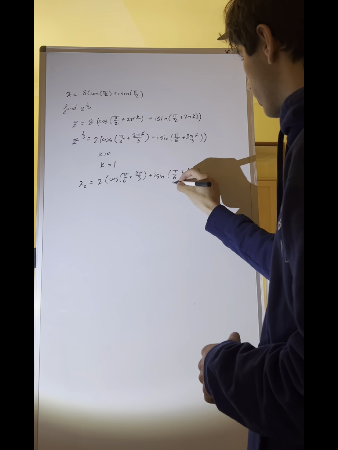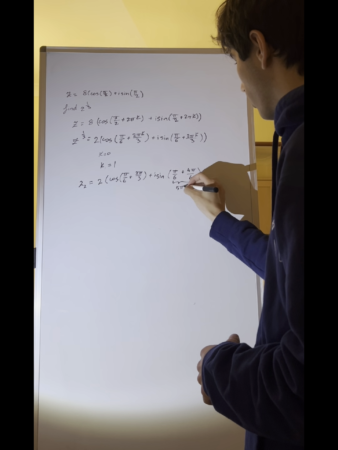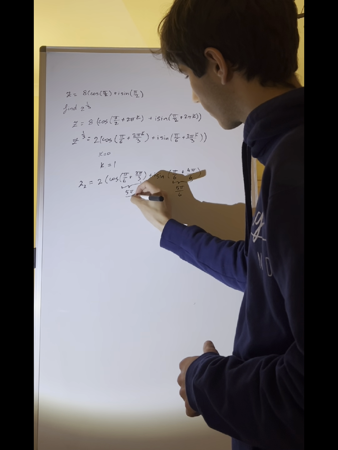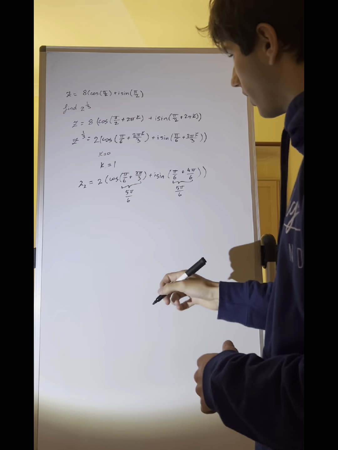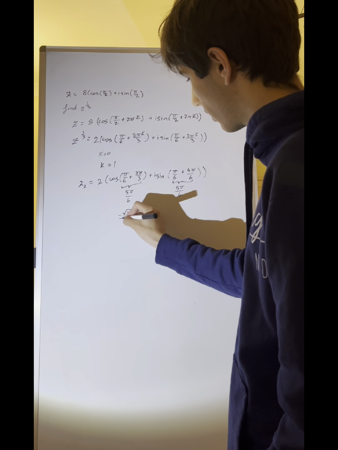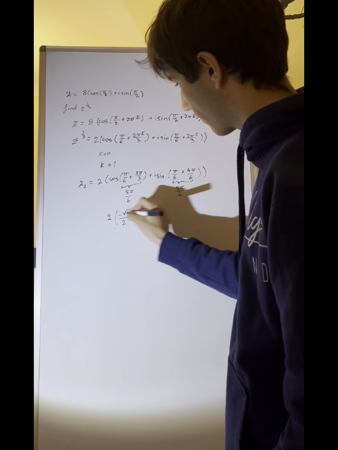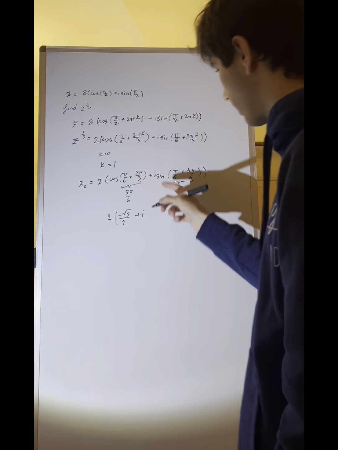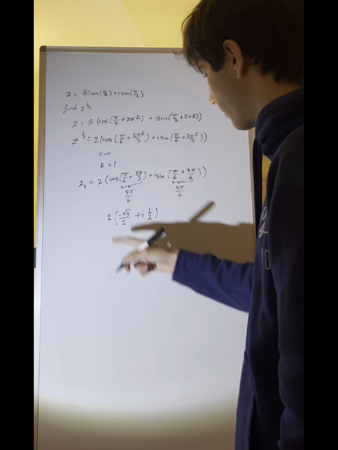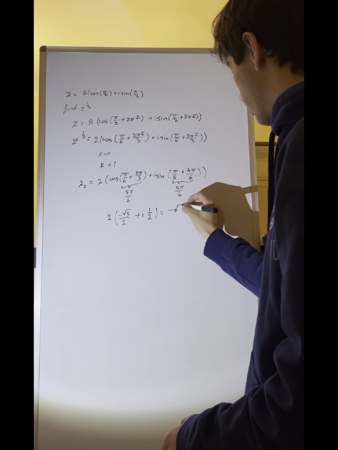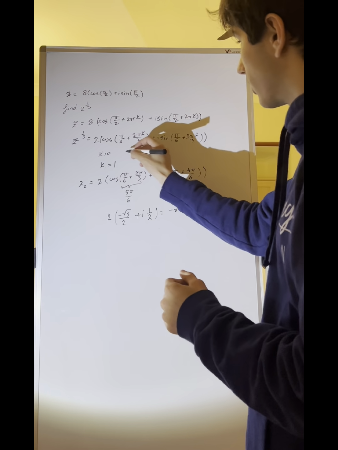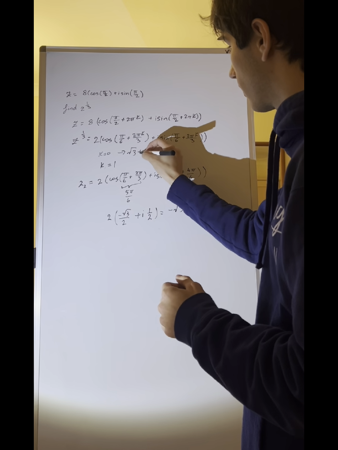So this is just 5 pi over 6 for both of these. Cosine of 5 pi over 6 is negative root 3 over 2, plus i times sine of 5 pi over 6, which is still 1/2. And this is going to give negative root 3 plus i as our second solution. So this one was root 3 plus i.